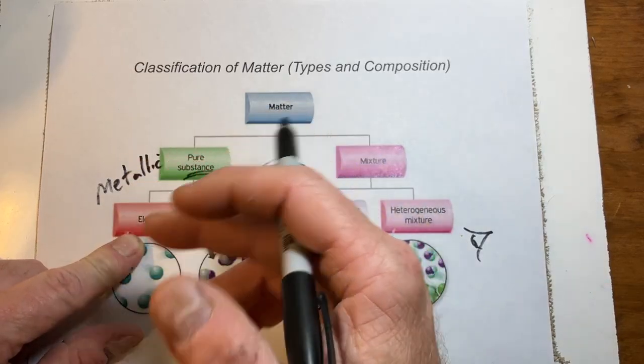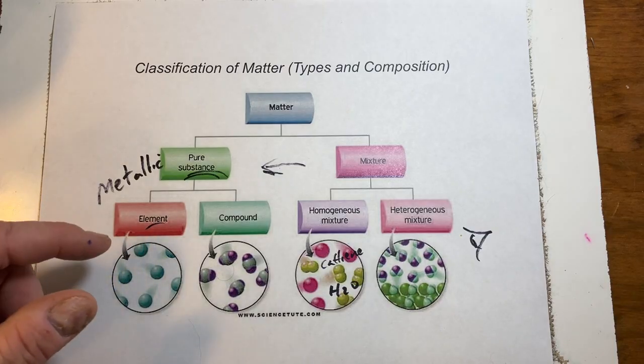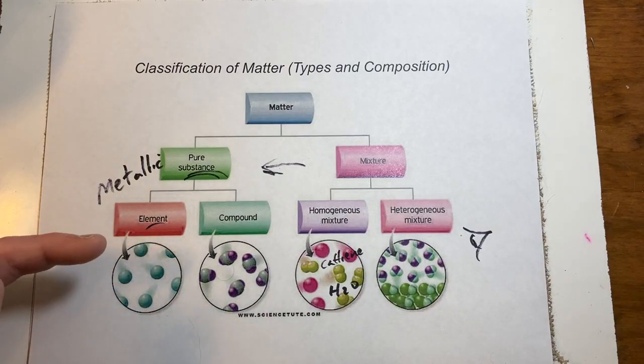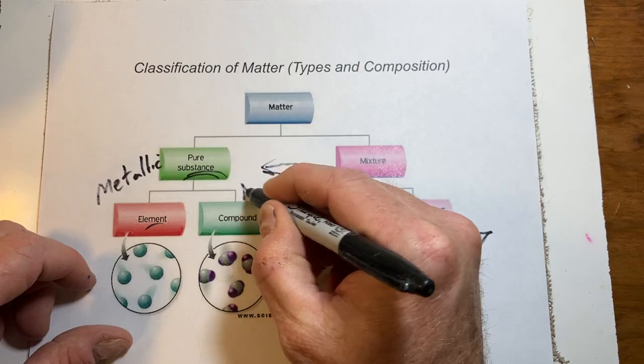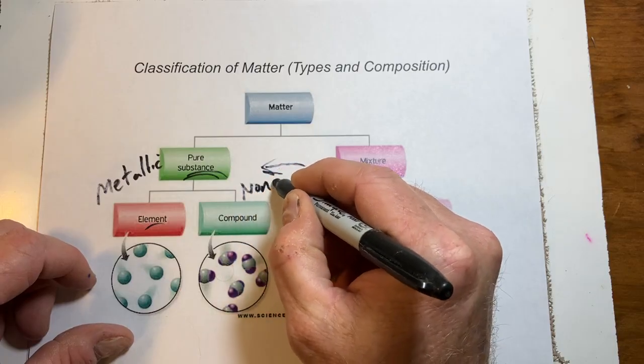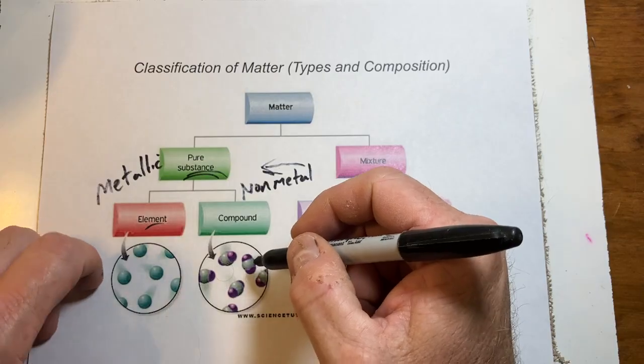Now, metals, or if it's a single element that's making up that metal, then we would say it's metallic. That's the metal side of the pure substance, the element. Or we can have the non-metals, and non-metals can do something that's kind of interesting.